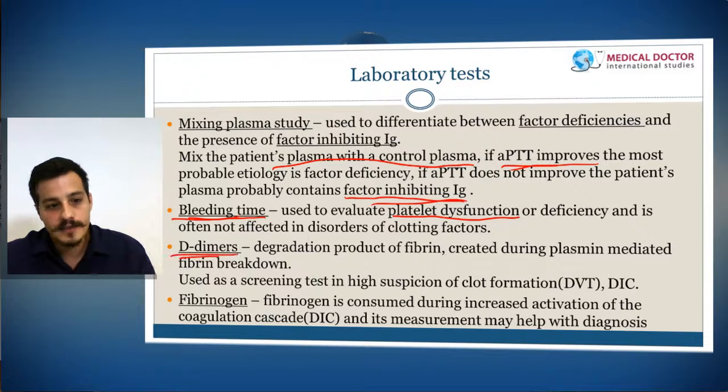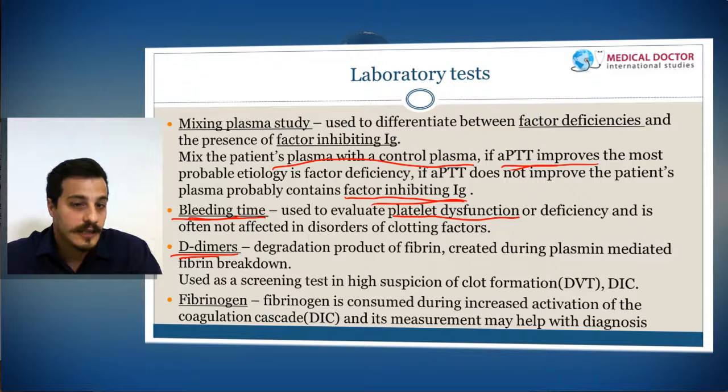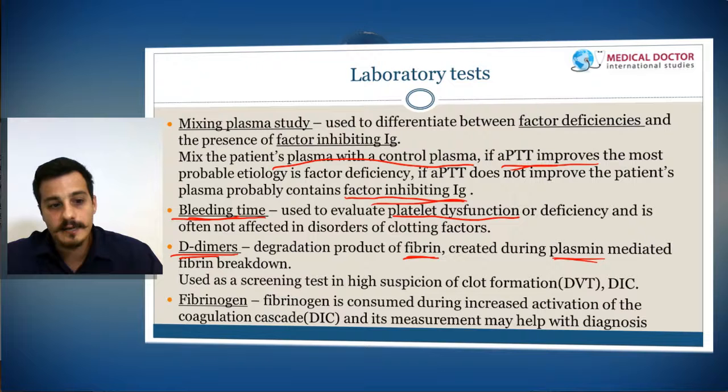Now, D-dimers are actually degradation products of fibrin, and as we said before, you remember that plasmin is going to be used to break down the fibrin mesh, and D-dimers are going to be formed in that process.